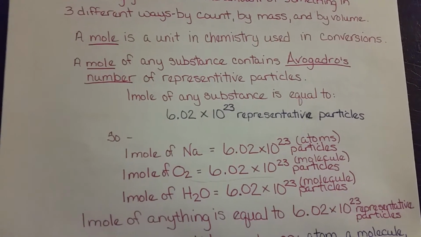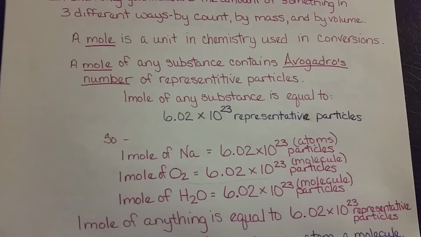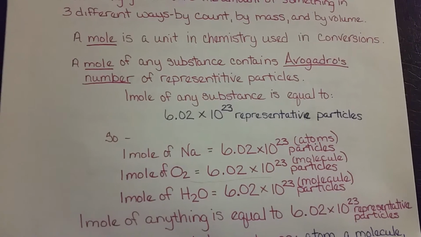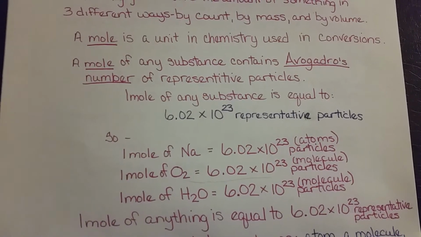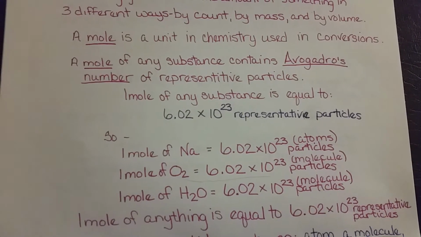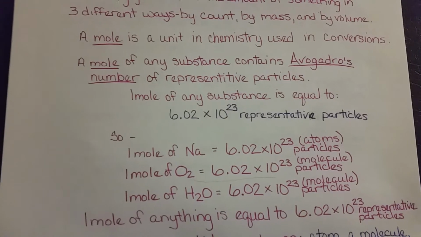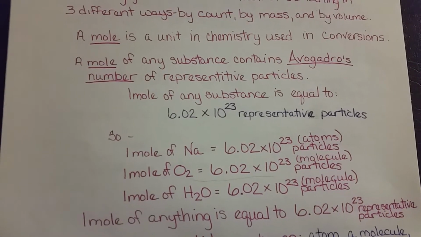Remember, O2 is one of those diatomic molecules that doesn't like to be by itself, and it is still equal to 6.02 times 10 to the 23rd molecules. Or 1 mole of water, it's still 6.02 times 10 to the 23rd molecules. A mole of anything is 6.02 times 10 to the 23rd.